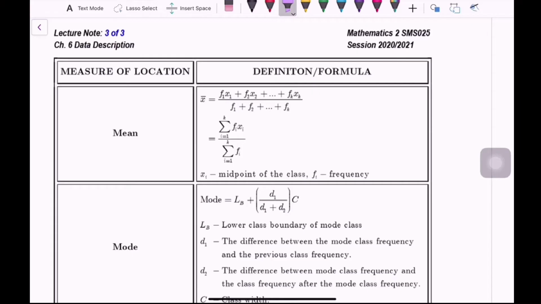Now, we look at the formulas for group data. First, for mean. Mean is the sum of fx over the sum of f, where x is the midpoint of the class and f is the frequency.